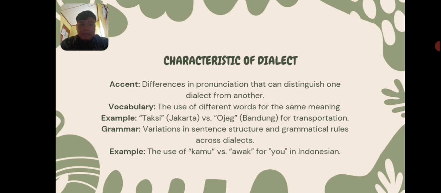The third is an example, like the word taxi in Jakarta versus the word ojek in Bandung for transportation. And the fourth is grammar, which is variation in sentence structure and grammatical rules across dialects. The last example is the use of the word kamu versus the word awak for the word you in Indonesia.